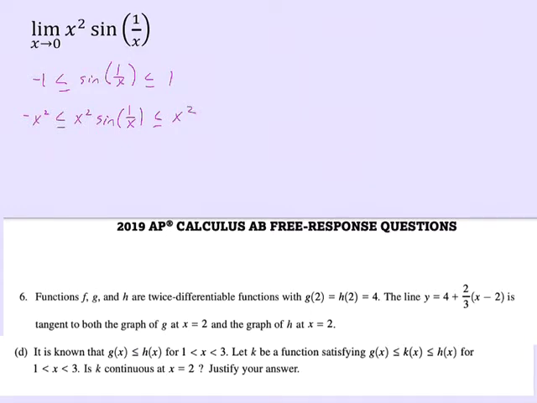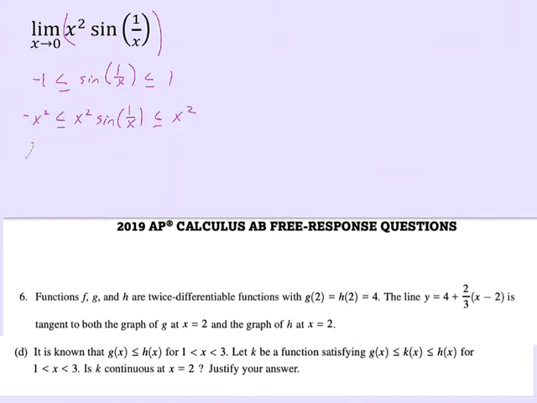So the function that we care about, x squared times the sine of 1 over x, is always between -x squared and x squared. By the way, that's the first condition of the squeeze theorem, that the function we care about is in between two other functions.